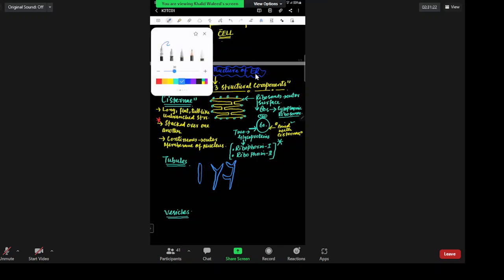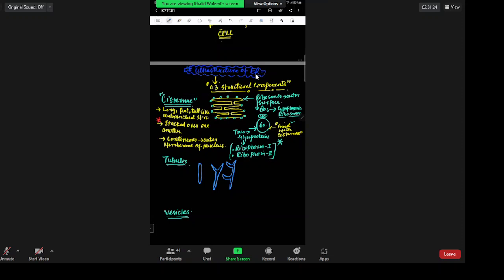तो क्या दिख रहा है आपको ड्राइंग में? सर ट्यूब्यूल्स नंबर वन, और ऑल्सो ट्यूब लाइक स्ट्रक्चर्स, but they are branched, unlike cisternae. Unlike cisternae, these tubules are scattered in the cytoplasm.